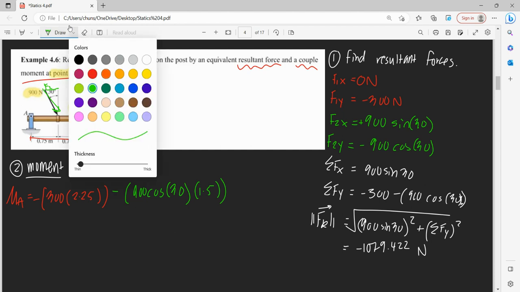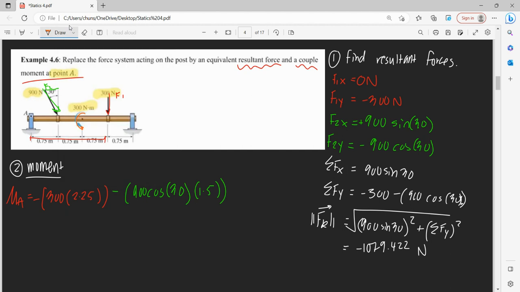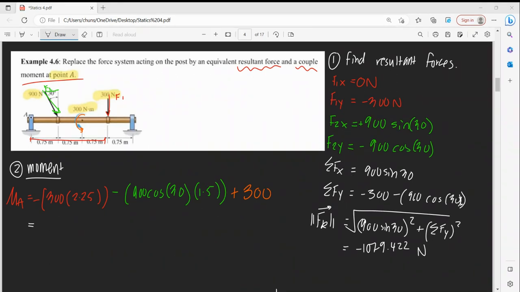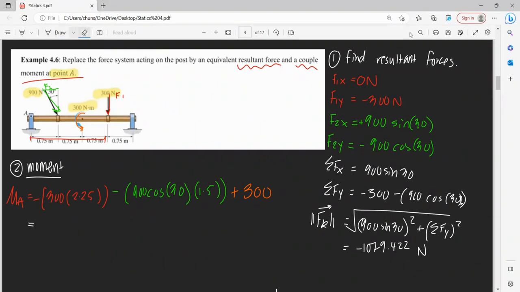And we also want to add this free moment here, which is our 300, and that is going counterclockwise, so that's positive. So if we add this all up, this gives us, so this is just 0.75.